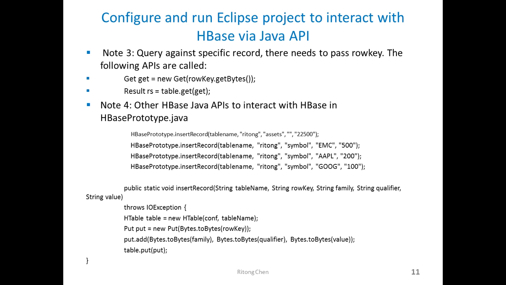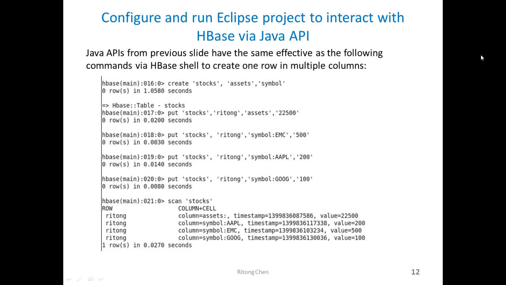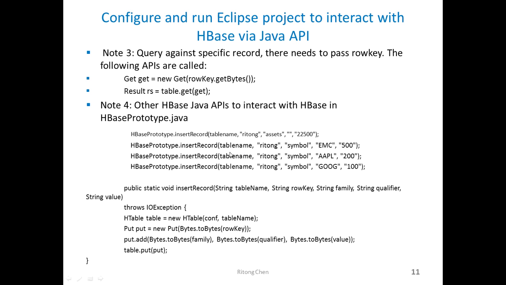There are other APIs too. I just showed you a very simple query, but you can also write a single record to HBase by calling the API user record. So basically I created another table called start, with symbol as one column name and another column name.